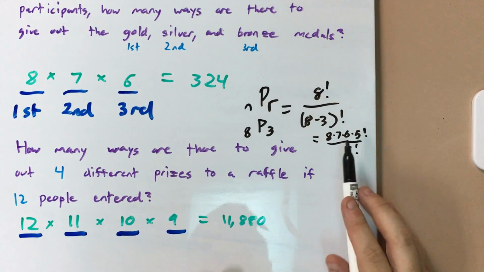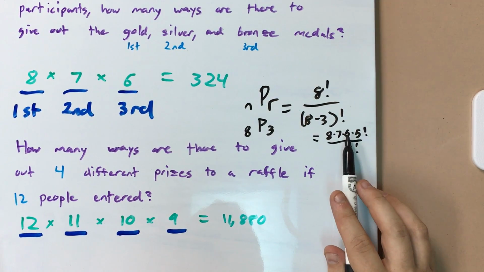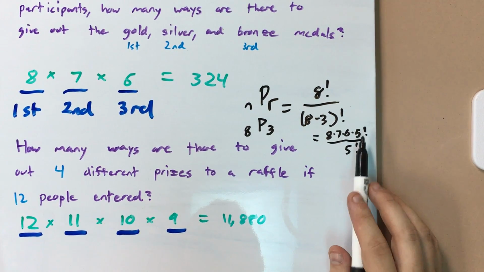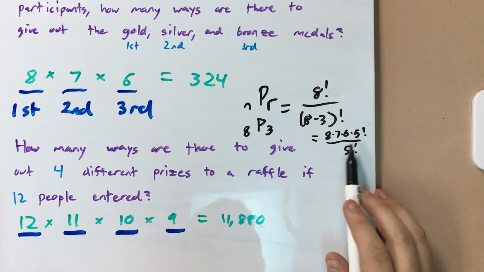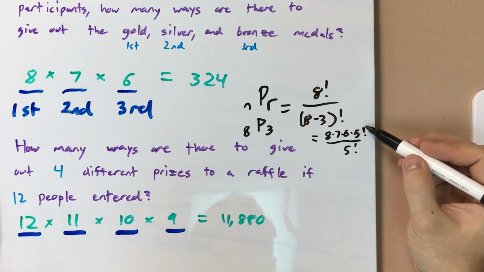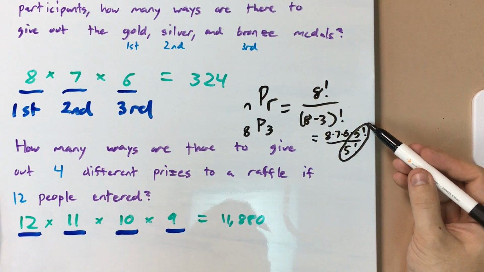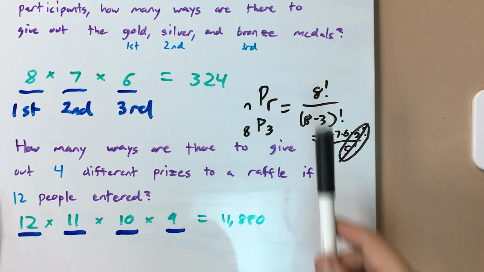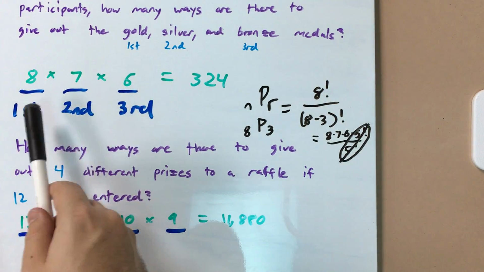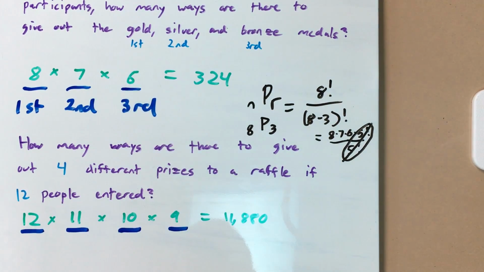And on top of this fraction now, we have 8 times 7 times 6 times 5 factorial, all divided by 5 factorial. And if you know your rules about fractions, if we see the same number in the top and the bottom, we can actually get rid of those. So using this formula, we're left with the exact same numbers to multiply as when we just worked out the problem using the fundamental counting principle.